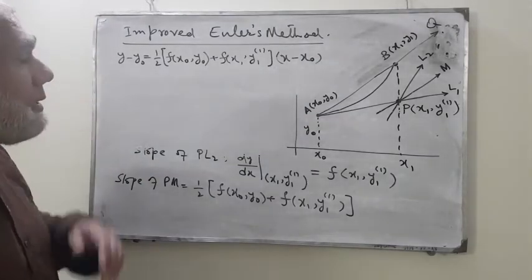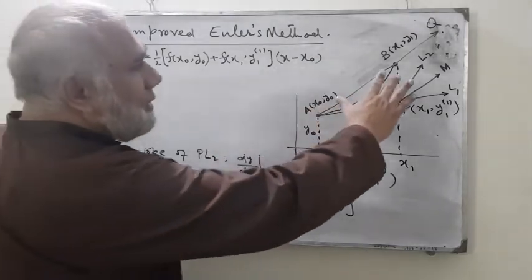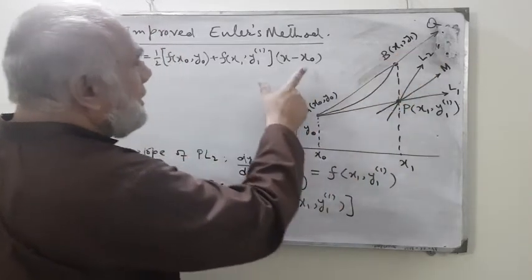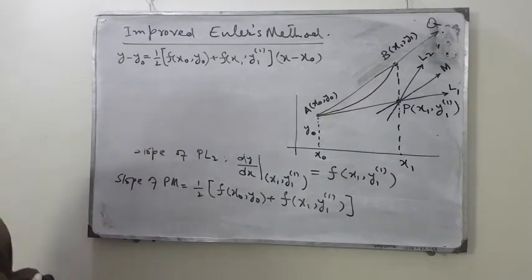Now further, the point B having coordinates x1, y1 is lying on this line.